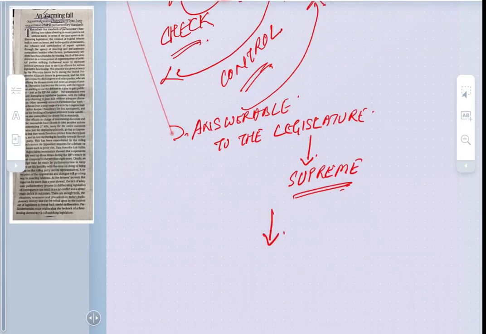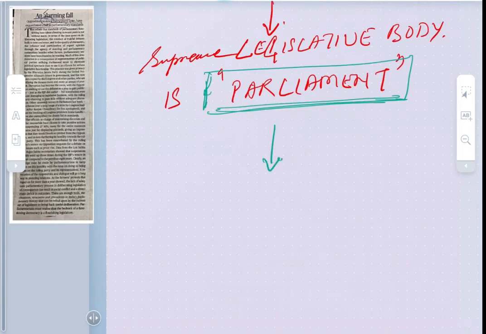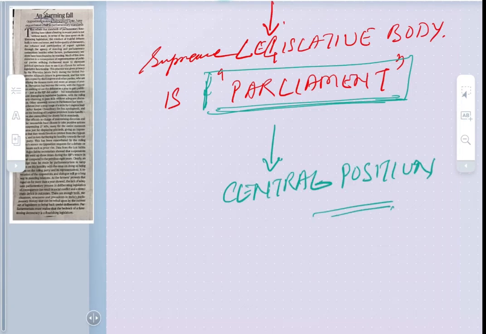The supreme legislative body is Parliament. As we all know, Parliament occupies a central position in our parliamentary system.